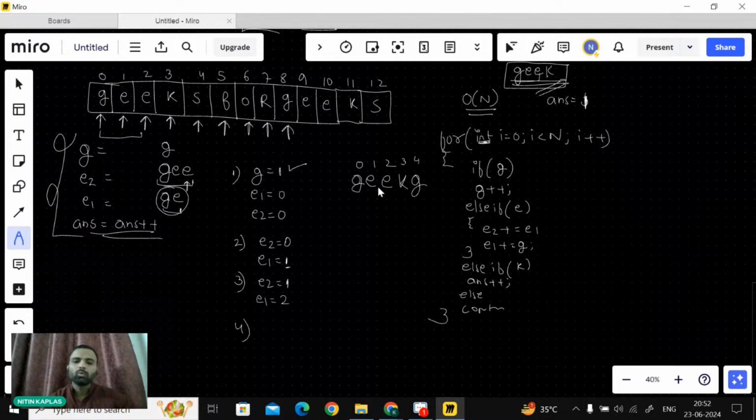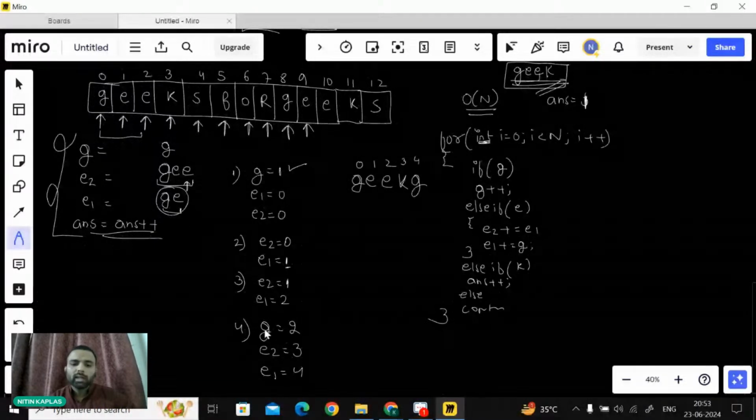I just want the count. So what is my G right now? G is 2. After that we have E, right? When I have E, let me add here, E2 is E2 plus E1. What is that? It's 3. So now what is my E1? E1 is E1, which is 2, plus G, which is 2, so 2 plus 2, which is 4.